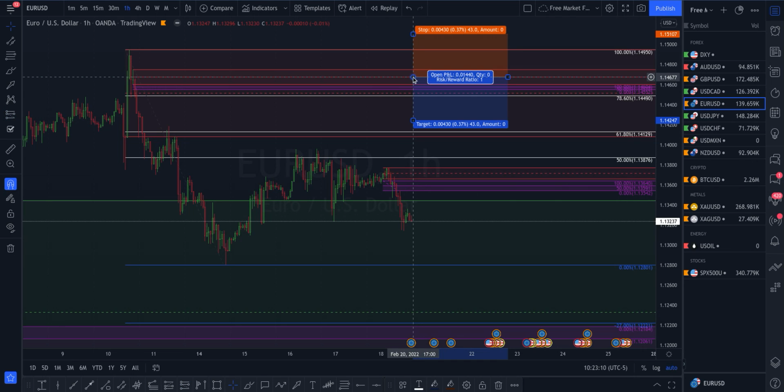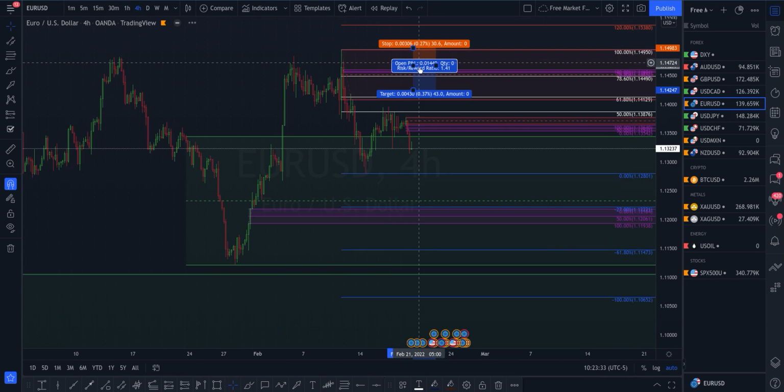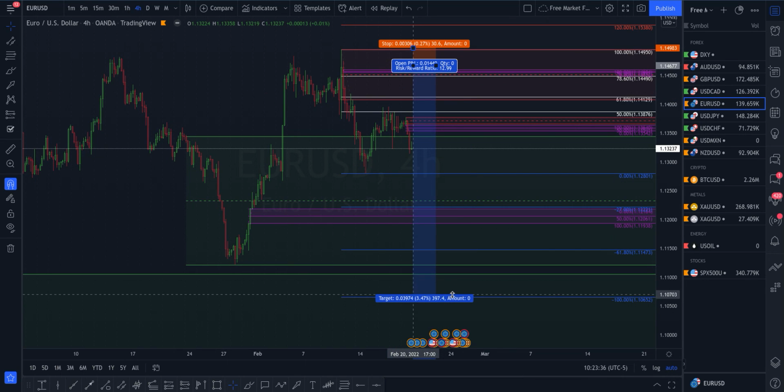So that's a 1 hour demand zone that hasn't been mitigated. This one has been mitigated. But as far as stops, I would have to put my stop here, above the 4 hour zone, and possibly see it play out to come down and test this institutional demand zone.